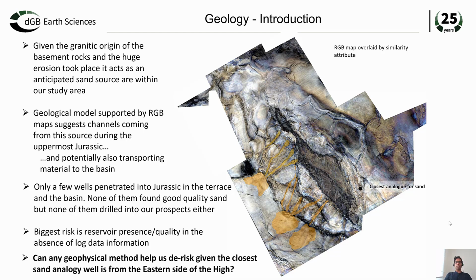So the central question here is: is there a geophysical method that can help us de-risk our reservoir or our prospect, given the closest sand analog well is on the eastern side of this basement high?